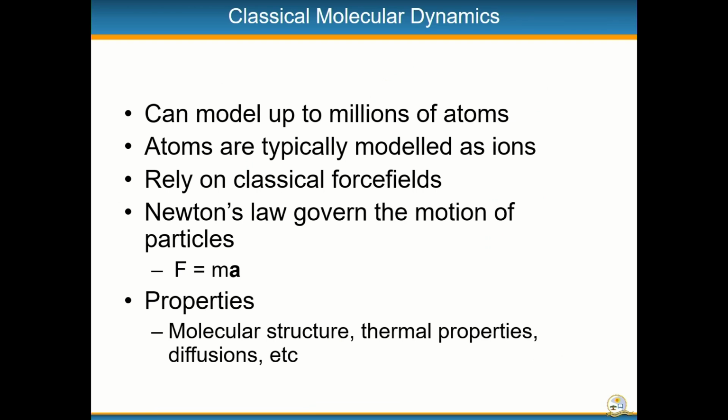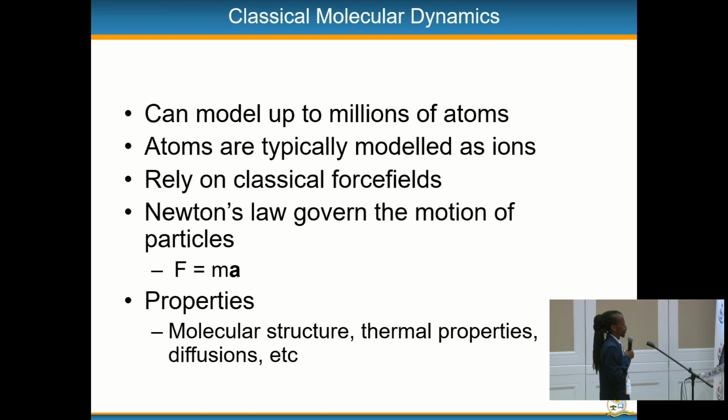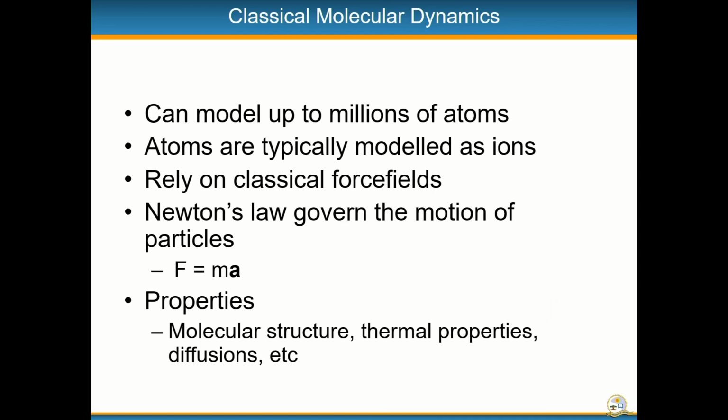The reason we run molecular dynamics simulations at the center is because we can model up to millions of atoms. Though this has previously proven to be a bit too much to run on CHPC, because you need a lot of cores to run a system of 1 million atoms. I think we tried that before.